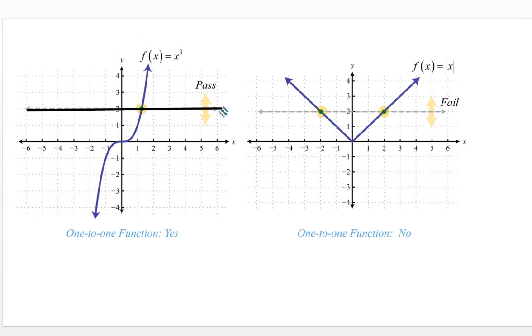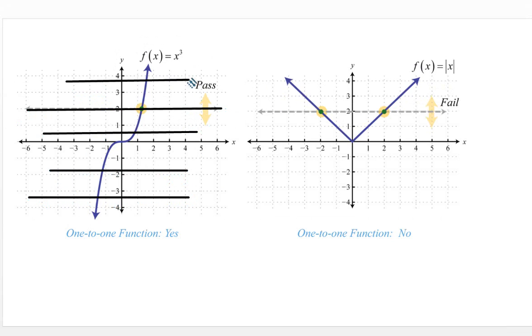So over here, it passes the horizontal line test, passes the horizontal line test, passes the horizontal line test. Basically anywhere in this function, it's going to pass the horizontal line test. Over here, even though it's a function, it's not one-to-one because it does not pass the horizontal line test.